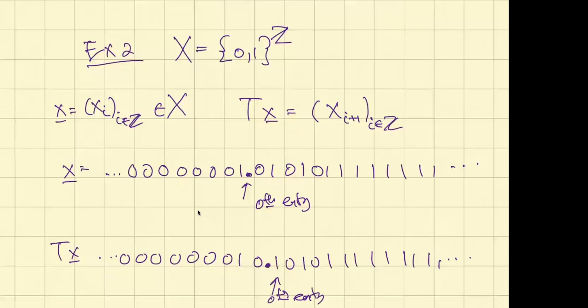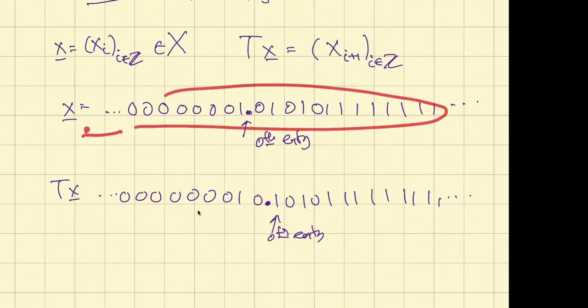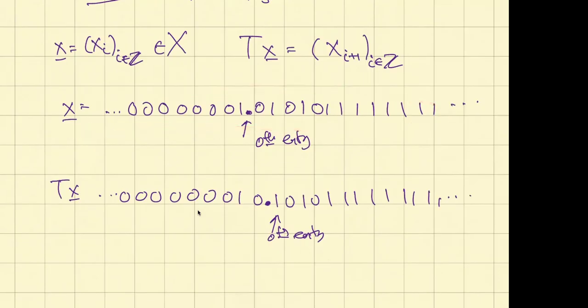Another way to think about this: in this picture I've moved the decimal point to the right, since it was easier for me when writing, but maybe it's more common to think about this as if you're moving the entire infinite sequence of symbols one step to the left.